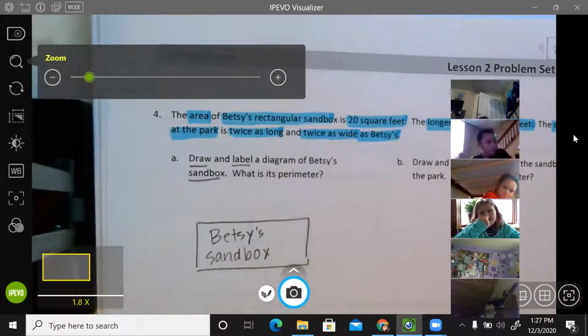I did that already. Okay, Carter, you're going to be helping me with this one, so you can get ready. Let me know when you have your sandbox drawn, Carter, and unmute yourself.